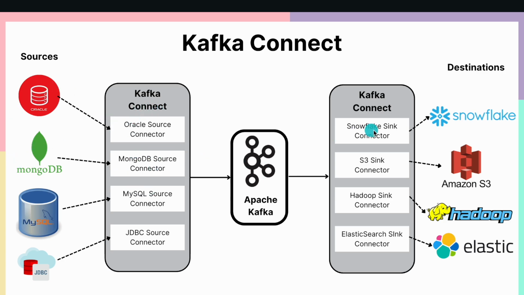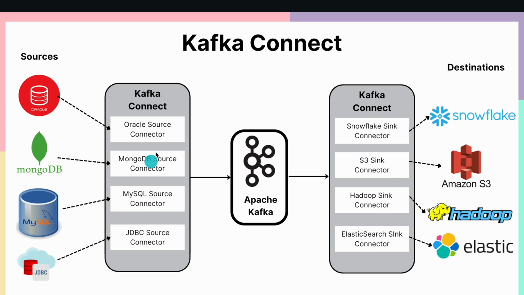Similarly, you also have sink connectors, which read the messages from Kafka and put them into your destinations. Suppose you want to put this data from the Oracle topic into Snowflake. You can of course write your own custom application, but instead you can run your Snowflake sink connector on a Kafka Connect service, which takes this data from the Kafka topic and puts it into Snowflake.